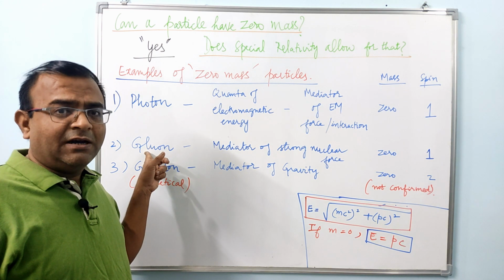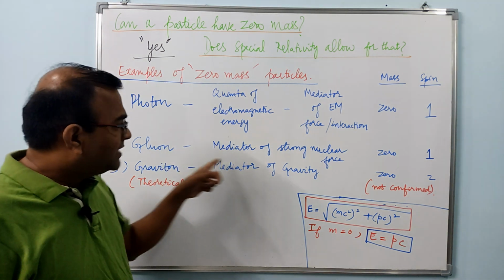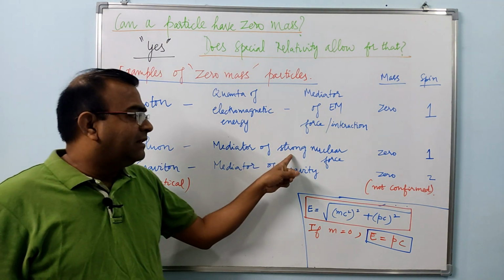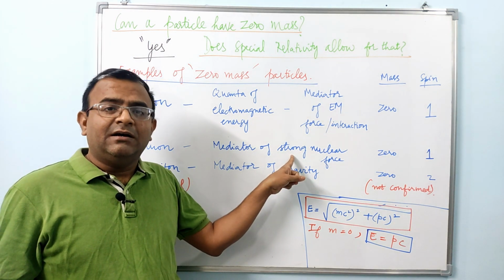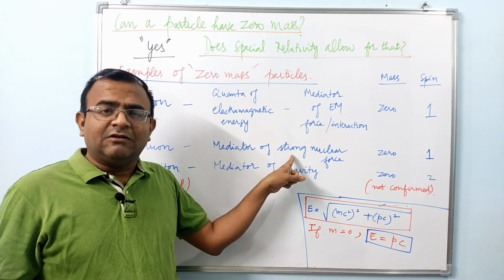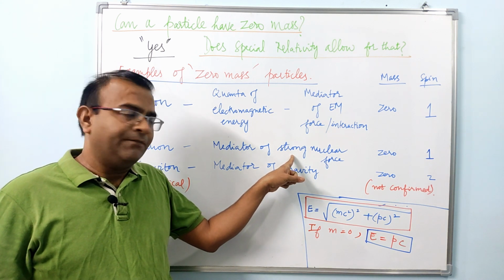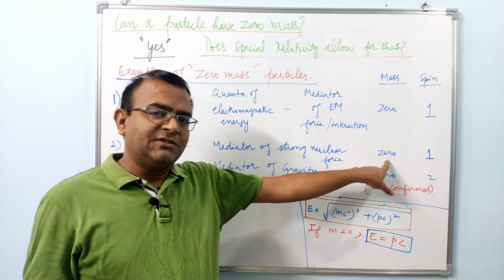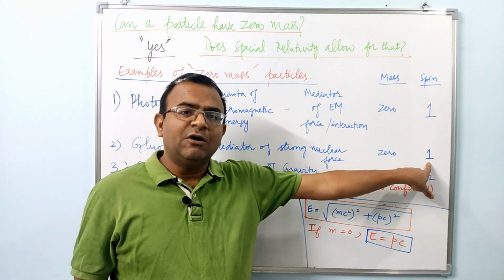These quarks interact with each other through the exchange of gluons, and the force that exists between these quarks is called the strong nuclear force. The gluons have mass 0, but again spin is 1.